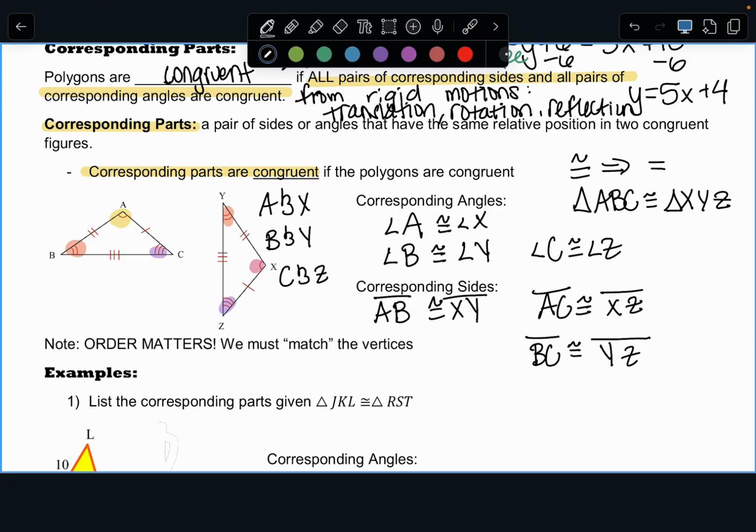For example, we cannot say that triangle ABC is congruent to YZX. We cannot say that. That's not true. Because A doesn't correspond with Y. It corresponds with X, which I didn't even put down. Okay, but the order matters. In every single one of these, the order matters.